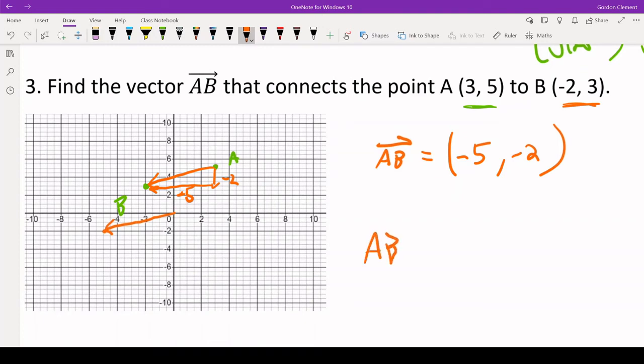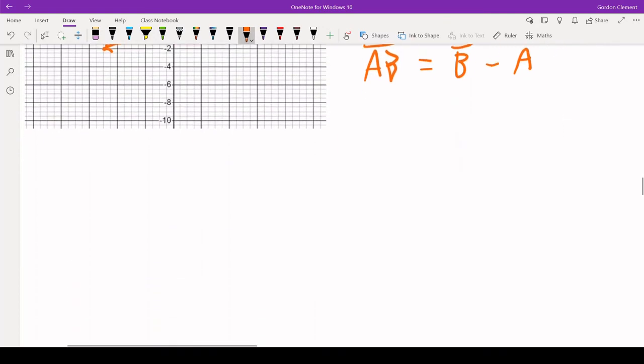So the vector that connects A to B would be B take away A, negative 2, 3 as a vector, taking away 3, 5 as a vector. So subtract the x's, subtract the y's, but you do the second point first and subtract the first point. That's going to be our formula.